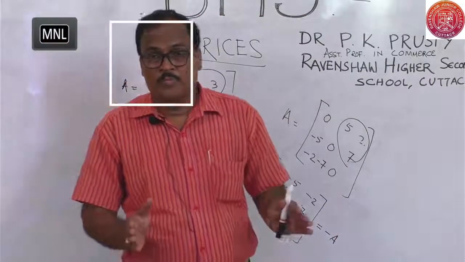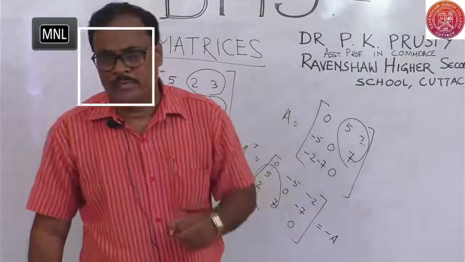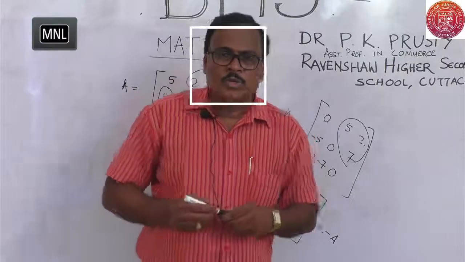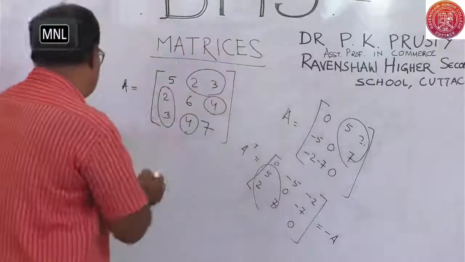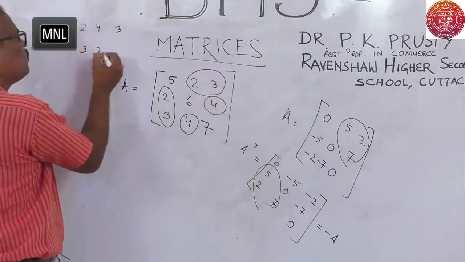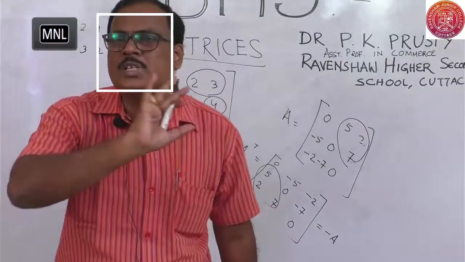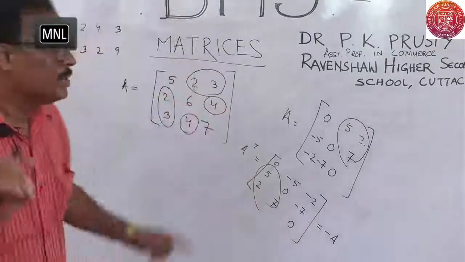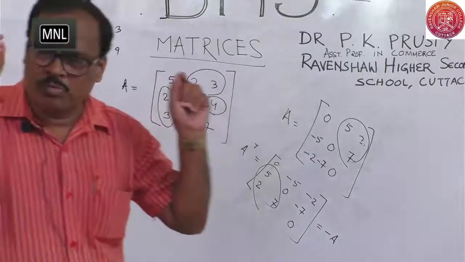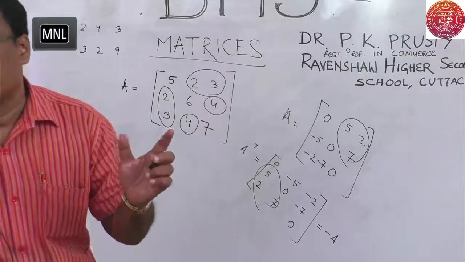And you remember, in certain cases some problems are created in the minds of the students. Suppose we write the numbers 2 4 3 3 2 9, is it a matrix? No, this is not a matrix, because there is no square bracket or parenthesis.